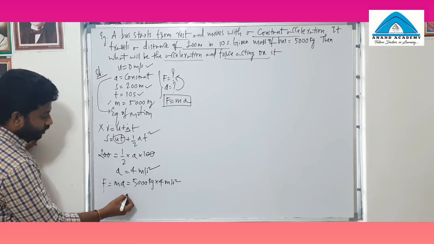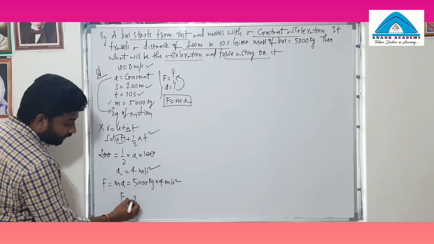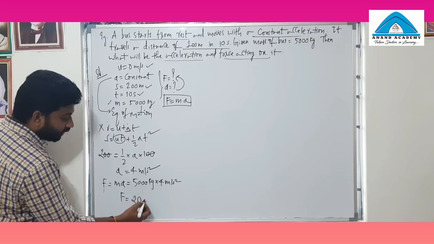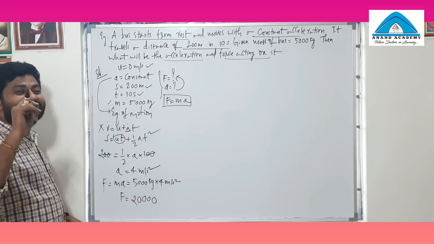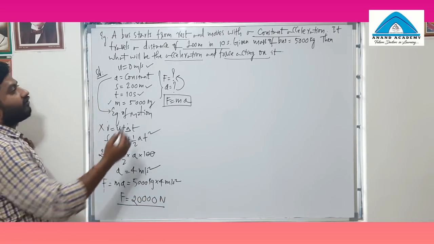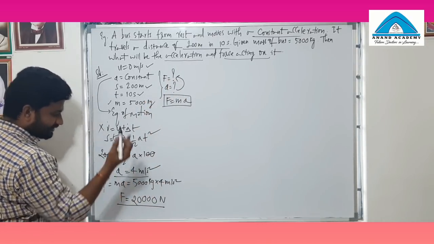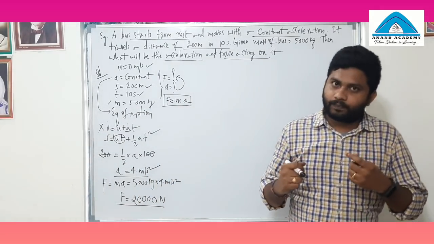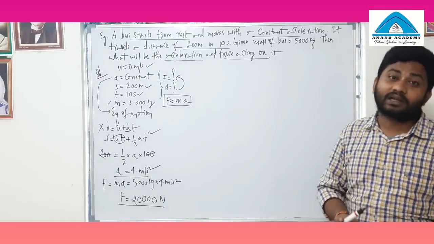So F is equal to 5 into 4, it's 20, right? And how many zeros are left? 1, 2, 3. How much is it? It is 20,000. Force SI unit is Newton. So the force value is 20,000 Newton and acceleration is 4 meter per second square. In that way, numericals can be solved. You may think that why this much space is left over here?